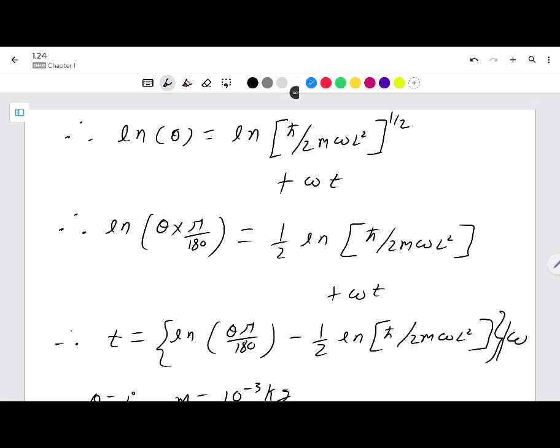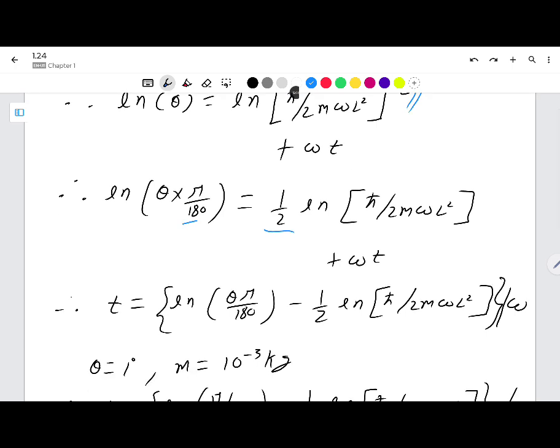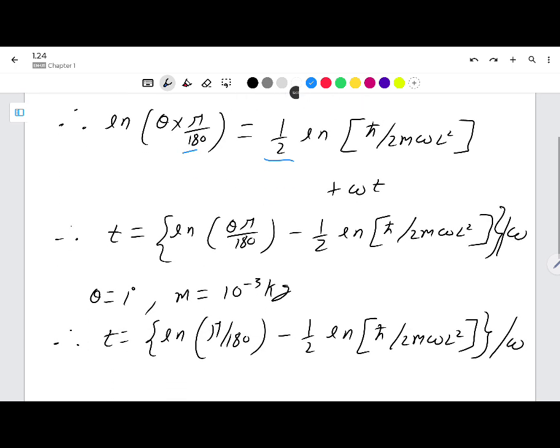Since theta must be in degrees, we multiply by pi by 180, and this 1 by 2 will come in the front because of the logarithm, and there is omega t.